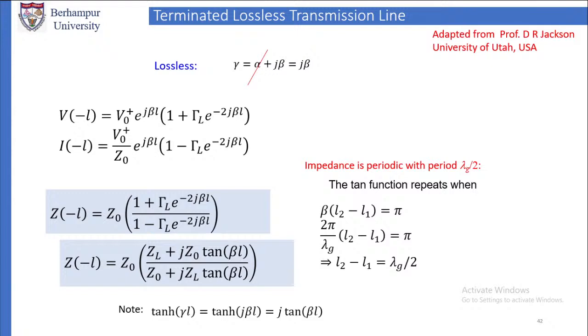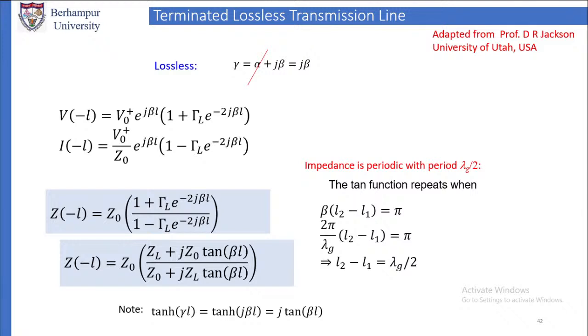Because propagation constant gamma is equal to alpha, the attenuation constant, plus j beta. Now alpha depends on both R and G. Since both R and G are 0, the attenuation constant alpha is 0. Therefore, in the lossless case, gamma is equal to j beta. There will be no alpha.